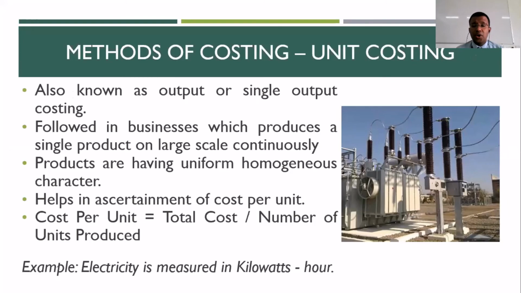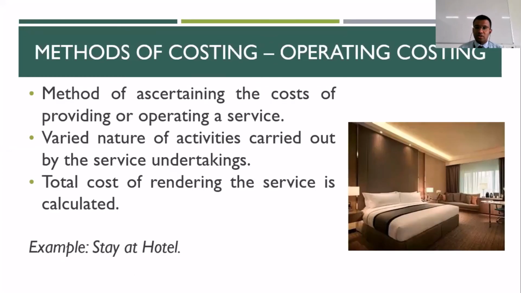Unit costing: you're trying to estimate the cost associated with a specific unit of a product. This is used in industries which deal with homogeneous products, and the manufacturing process is continuous in nature. You would determine the total cost associated, and then calculate the cost per unit. This is called unit costing. Example, the calculation of electricity cost.